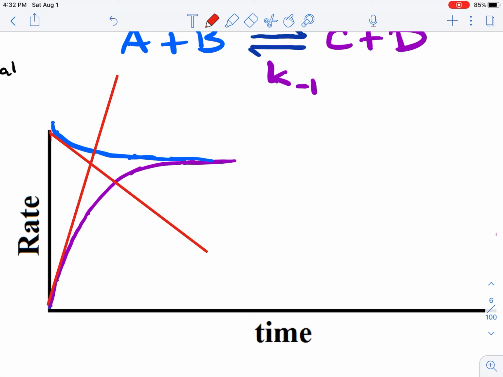In this scenario, because this tangent line is being taken at the initial point, the initial rate of the reverse reaction, K negative 1, is going to be much greater than the forward reaction. So this is K1, then this is K negative 1.